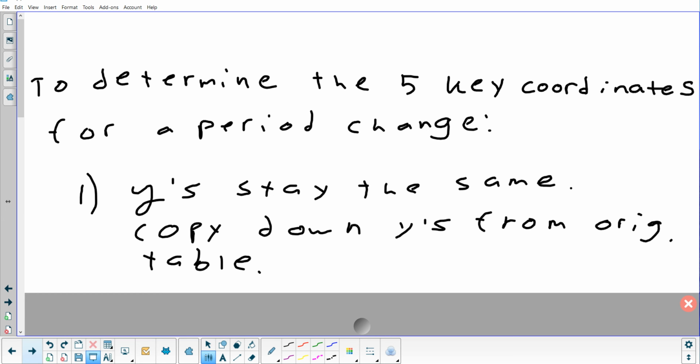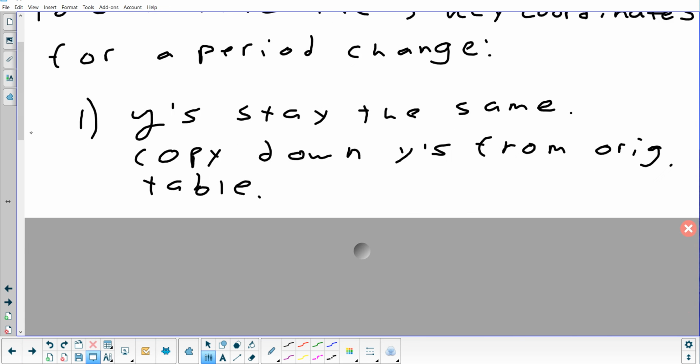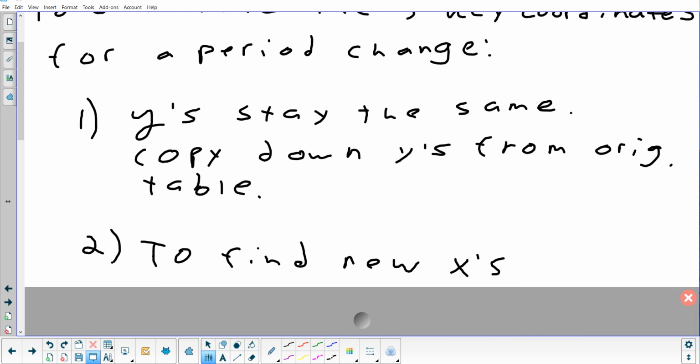And for cosine: 1, 0, negative 1, 0, 1. All right. Now, how do we find the new x values? Well, let me draw one more sketch, and then I'll show you how we're going to do that.